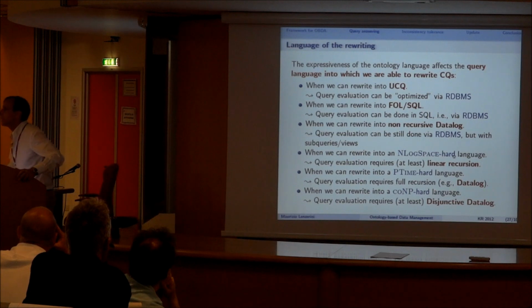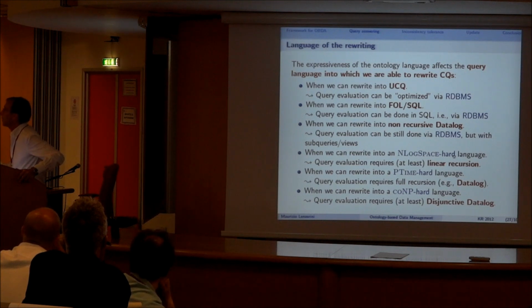You should remember that database management systems are very good at executing unions of conjunctive queries. The optimization they are able to do is essentially for that class. So when you can rewrite into this class, you can use a relational database management system to evaluate the query over the sources.